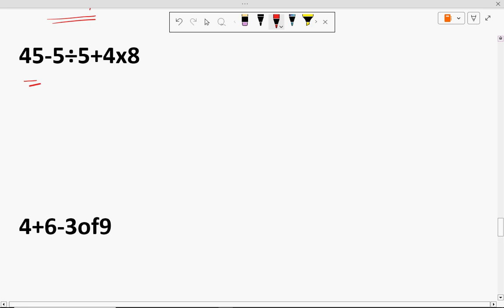So we'll go for the division first. We'll write 45 as it is, minus 5 divided by 5 becomes 1. Then write as it is 4 into 8.